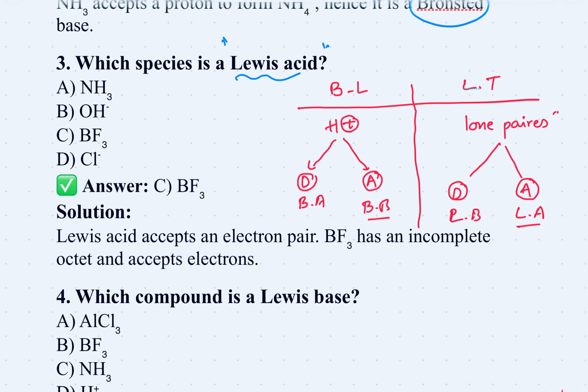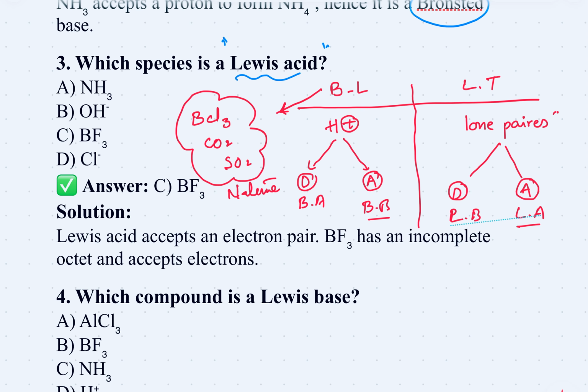Clear? So whenever some compounds, for example BCl3, CO2, SO2, such types of compounds' nature is not explained by our BL theory, because BCl3 does not contain a proton, carbon dioxide does not contain a proton, sulfur dioxide does not contain a proton.